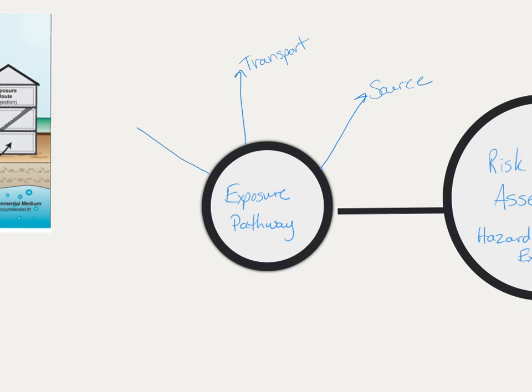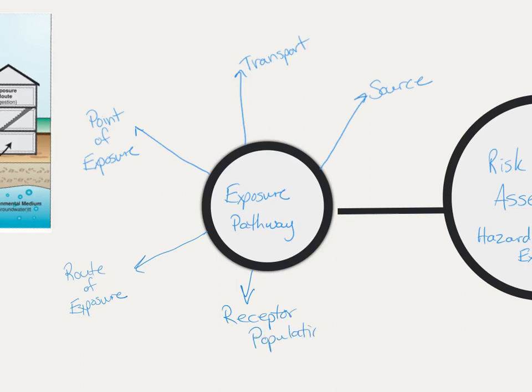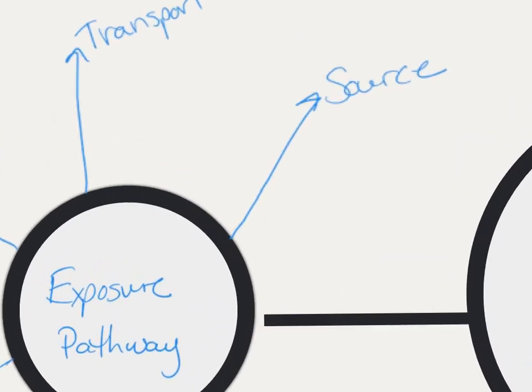Third, point of exposure. Fourth, the route of exposure. And lastly, the receptor population. Let's go over each of these one by one. We'll start at the source.